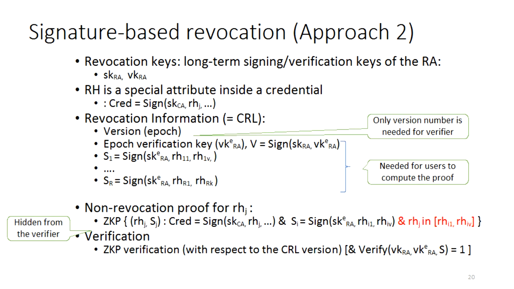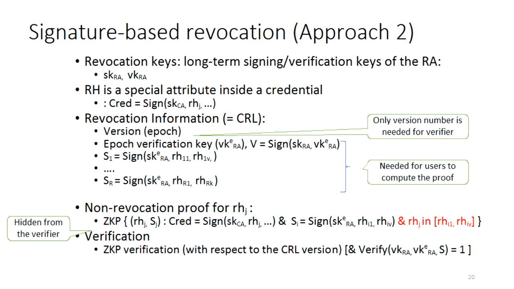So the second approach, if we go to the next slide, is also a signature-based approach. Except now we don't sign every valid revocation handle, but we sign sets, like the first and the last one, we sign ranges of valid revocation handles.